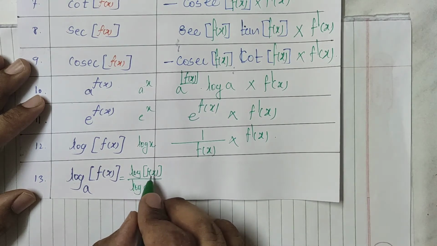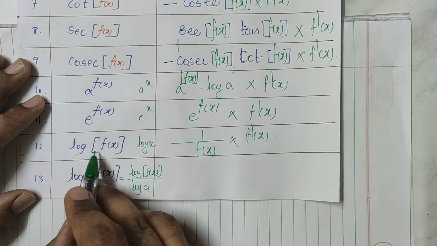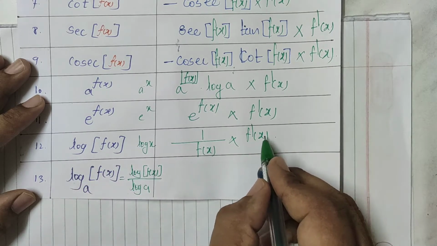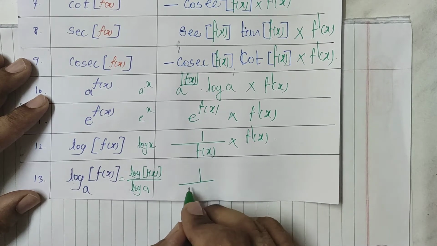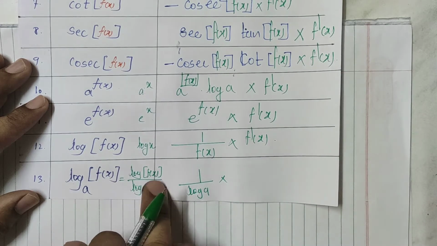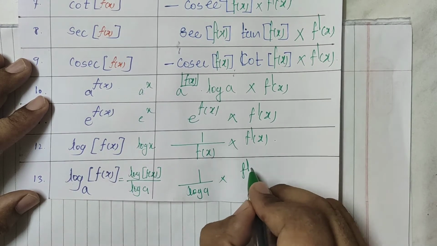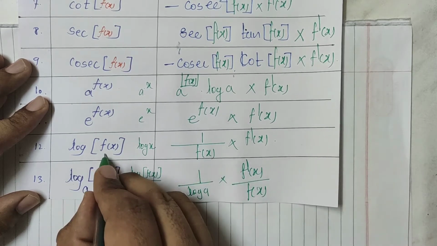We want to take only the log f of x derivative. What is the log f of x derivative? It is f dash of x upon f of x, as we already found in the log f of x form. So 1 upon log a is a constant term, and we take only the log f of x derivative, which is f dash of x upon f of x.